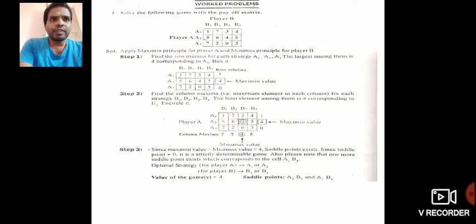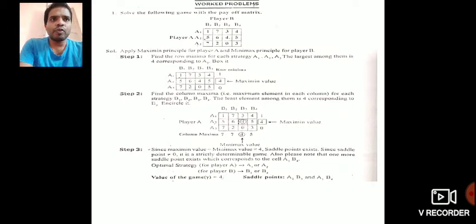Here the first step is to find the maximin value. The maximin value is concerned with the row-wise. In the A1 row, first tell me, which one is the minimum element? 1. In the A2 row, the minimum element is 4, and in the A3 row, the minimum element is 0.